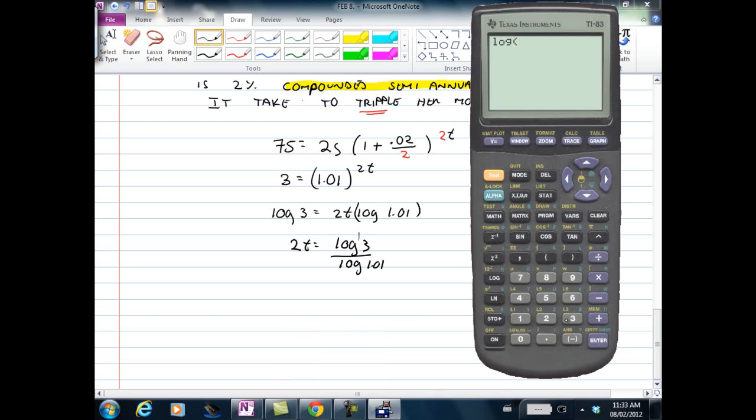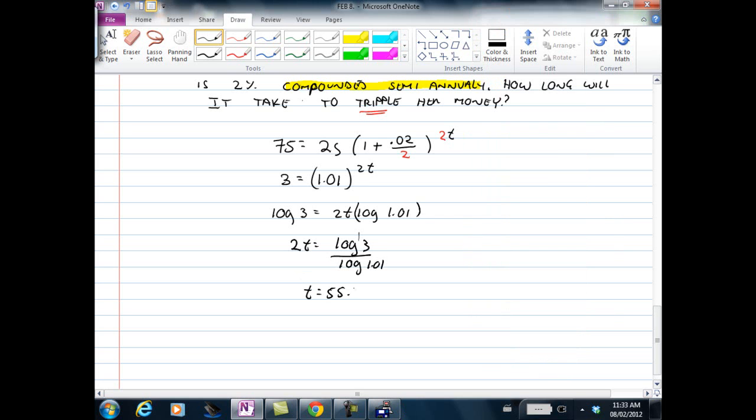Log 3 divided by log 1.01. Oop, there's an error. Same answer? But no, 110.4. But now we got to divide this by 2 because of the 2t. If you went log 3 divided by 2 log, you get the exact same answer. Okay. So your answer is really 55.2 years.